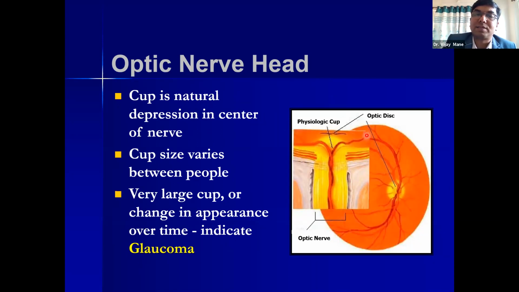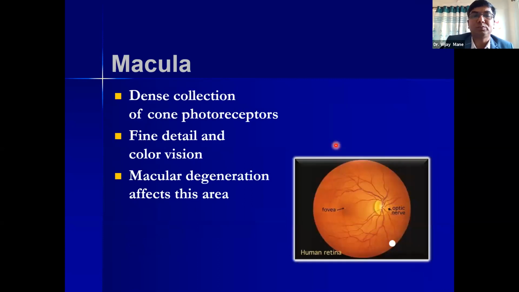These blood vessels supply the blood, and the optic nerves carry the signals to the brain. Because of this structure, it automatically forms a structure like a cup. So it is called the optic cup. The size and shape of the cup may change depending on the condition of the eye.